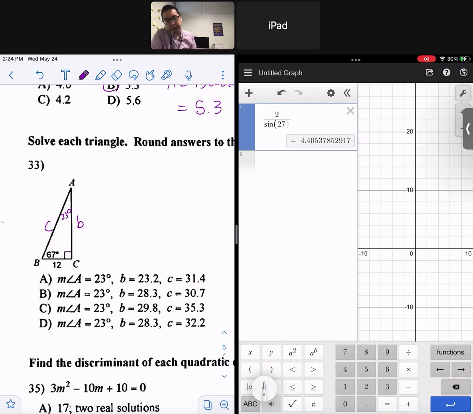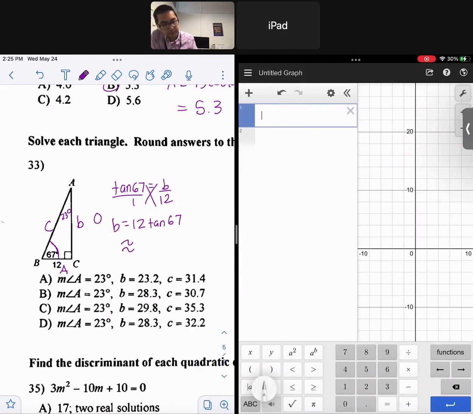So we need to solve for b and c. What I would do is use the angle that they give us, and in the perspective of this angle, this is opposite and this is adjacent. So I'm going to solve for b using tangent. Tan 67 equals b over 12, opposite over adjacent, cross multiply. So I know b is going to equal 12 tan 67.